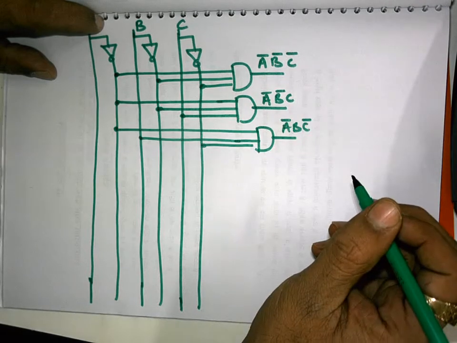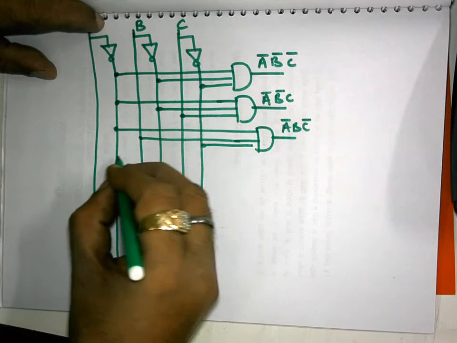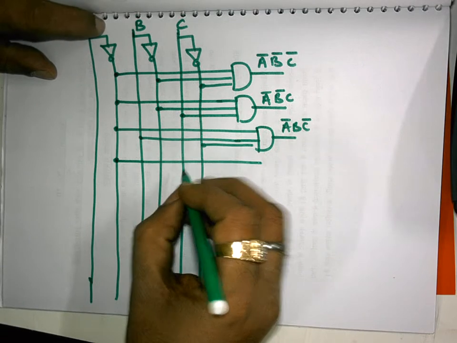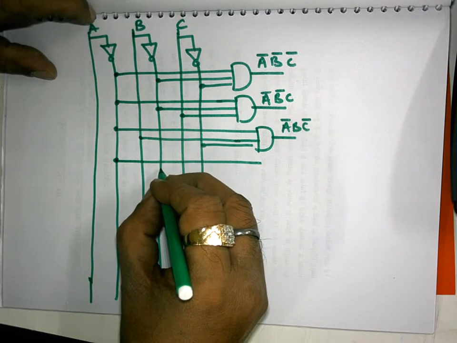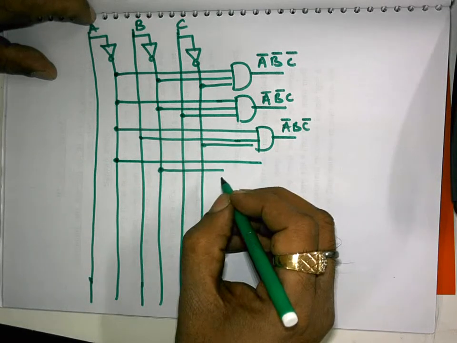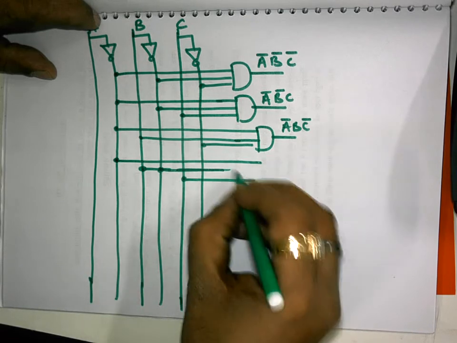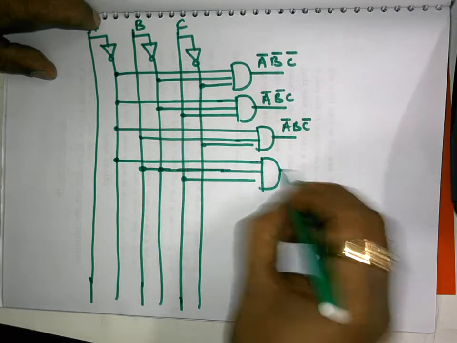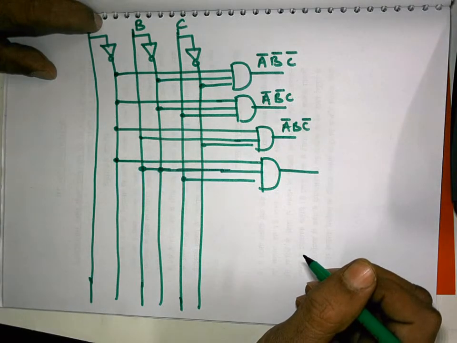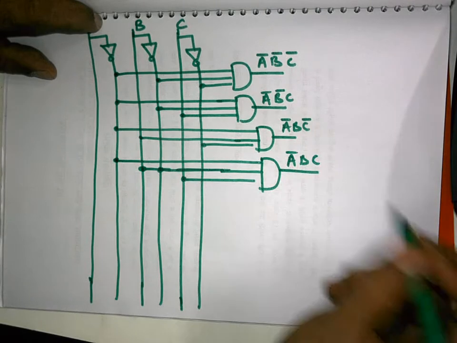Am I right? Then A bar, B, C. Next min term will be A bar, B, C, meaning connection from here.